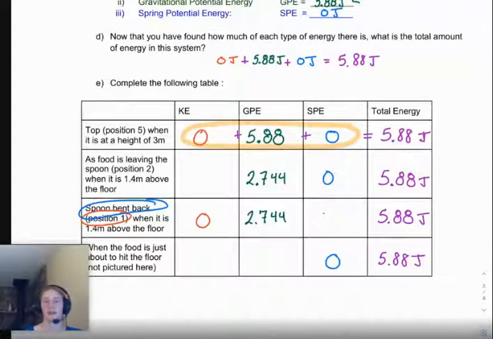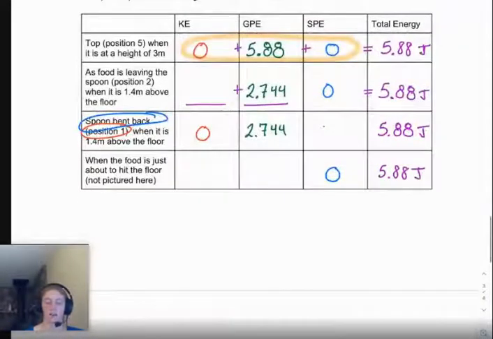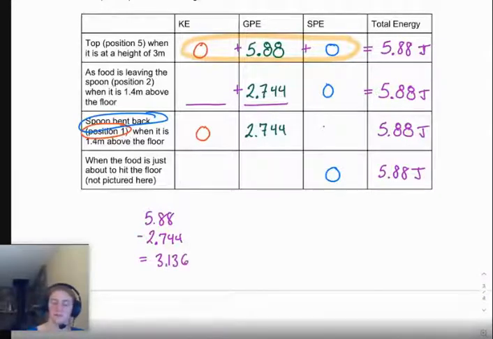And then once I have that, then I can work my way backwards. So here I know that in the second line, I need to be able to add my kinetic plus my gravitational potential energy plus 0 is going to equal 5.88. Well, I can easily figure out what my kinetic energy is because I can go 5.88 minus the 2.744 and I get 3.136.